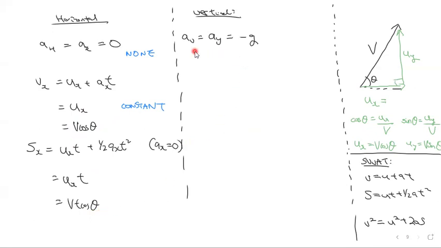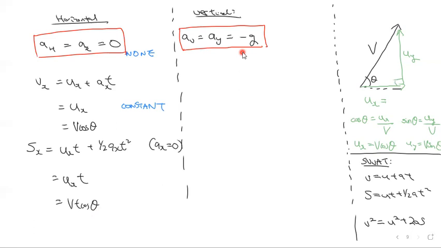Now, let's apply it to the vertical. This time, the vertical has an acceleration of negative g. And the two things I've boxed in red, you can always assume in physics.